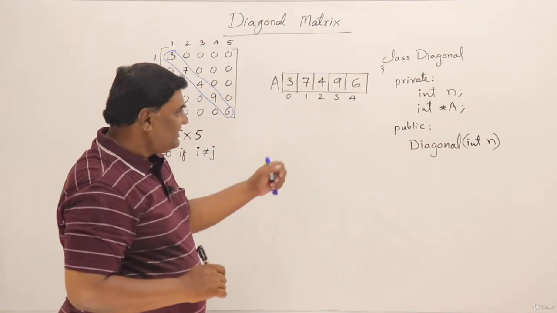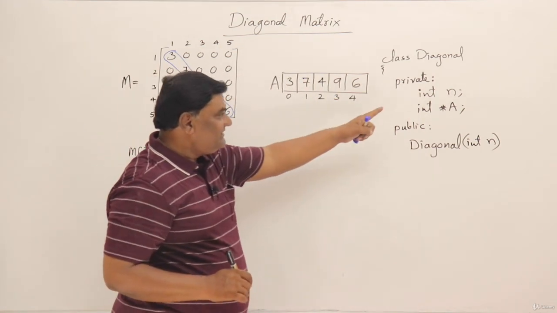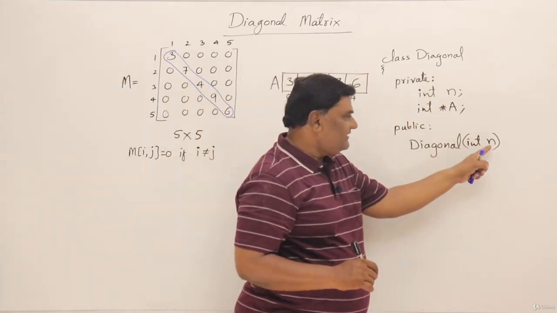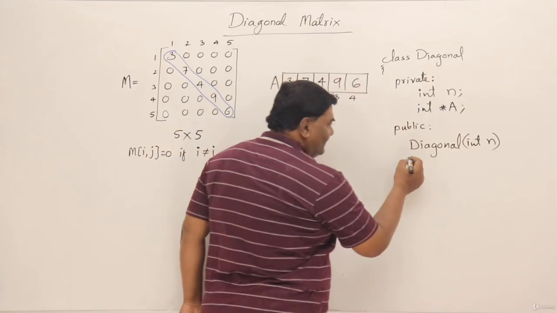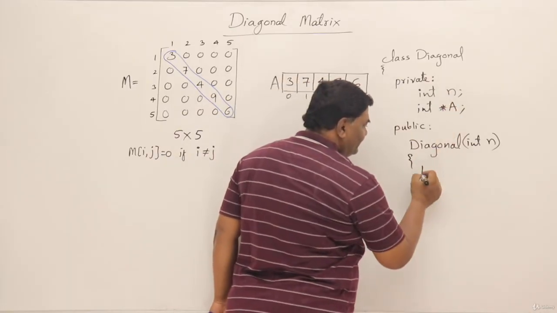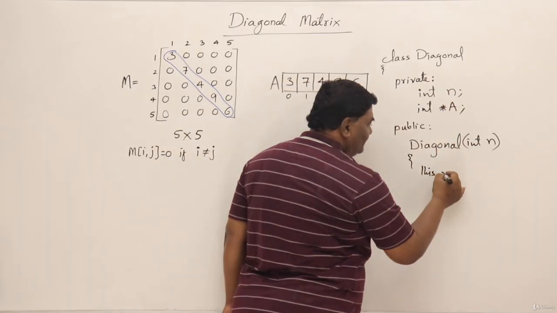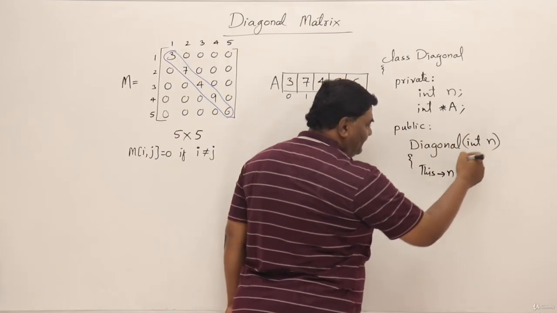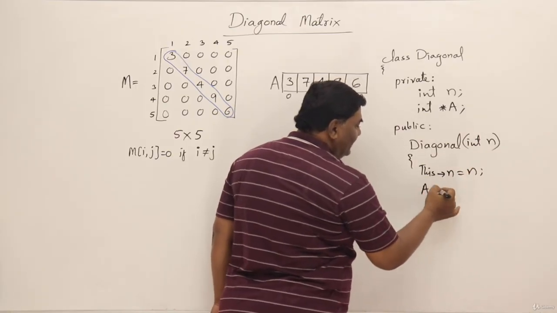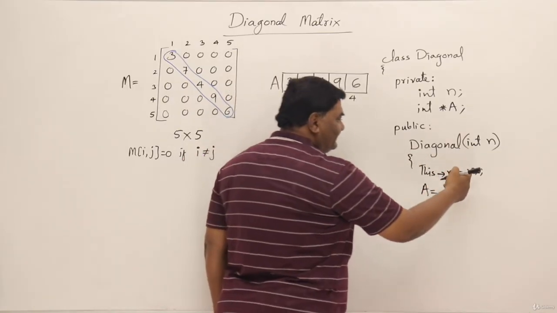Then inside the constructor, I should set this arrow n to this parameter, and to this a I should create an array of the same size.